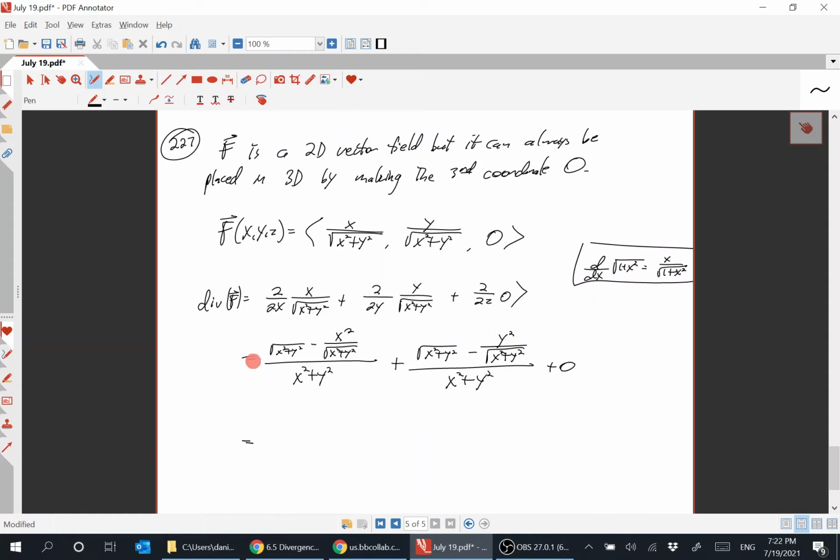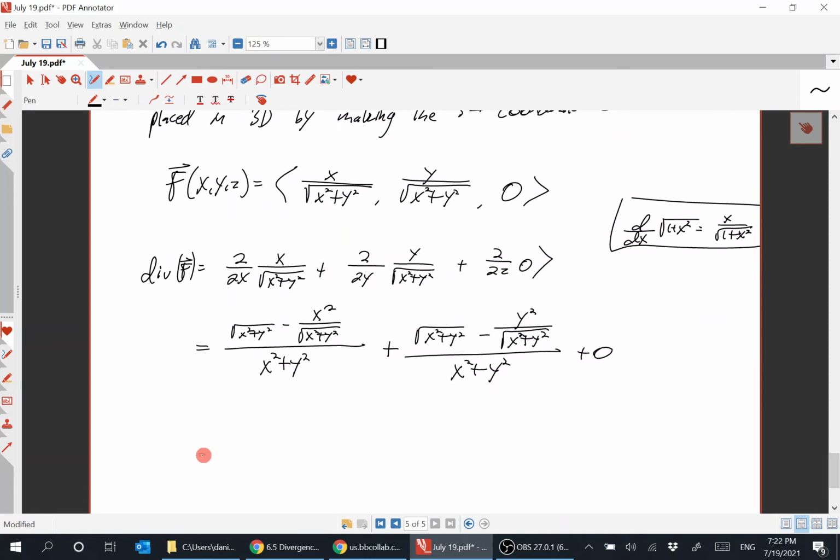Plus 0. So this must simplify, so it becomes x squared plus y squared minus x squared over square root there.